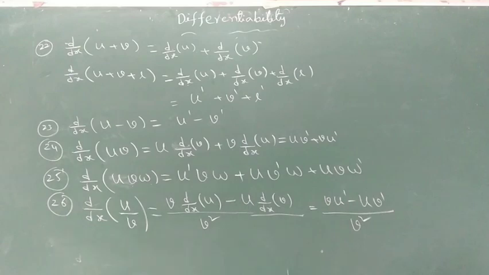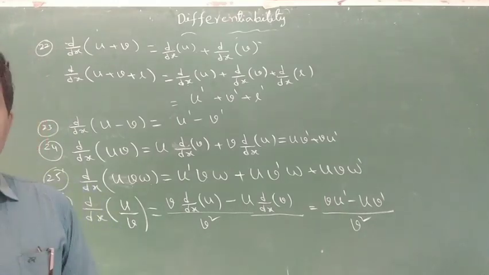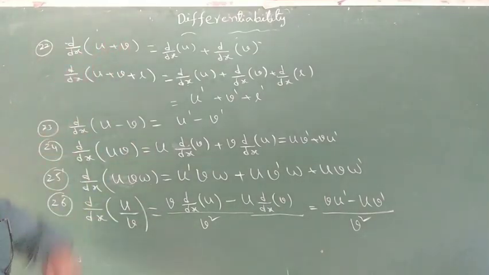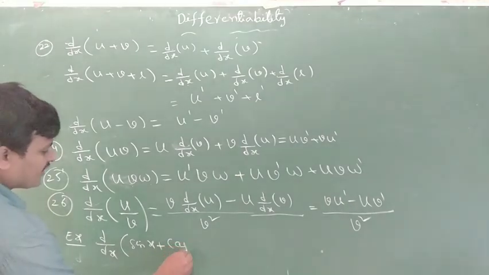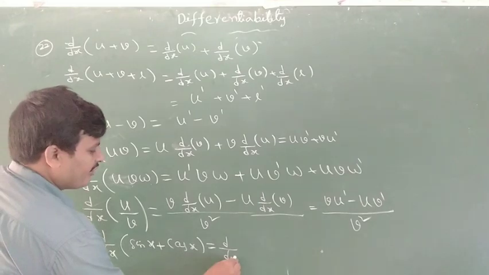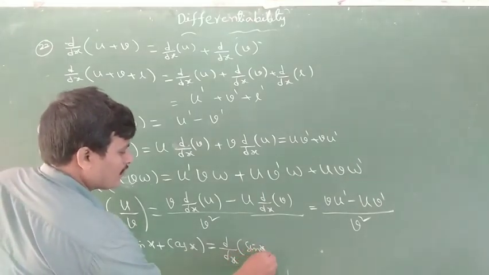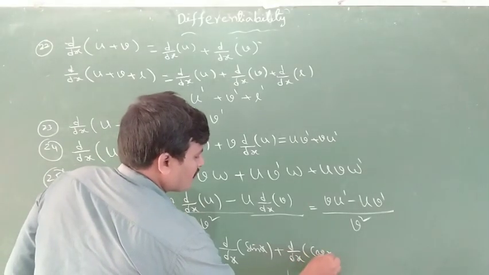These are applications, now for a single function. Derivative of sin x plus cos x means derivative of sin x plus derivative of cos x. One example: derivative of sin x plus cos x is equal to derivative of sin x plus derivative of cos x.